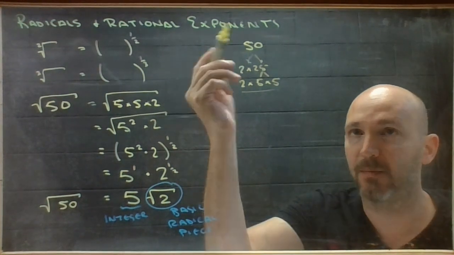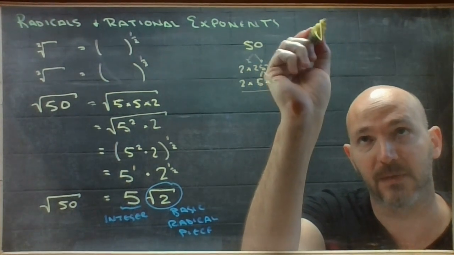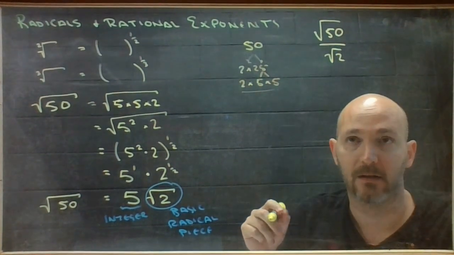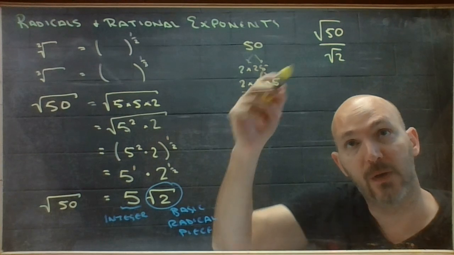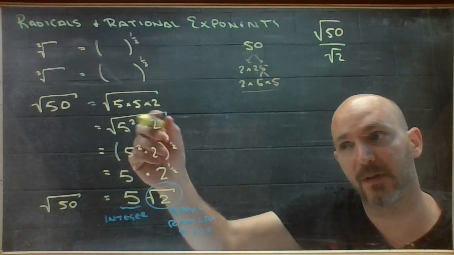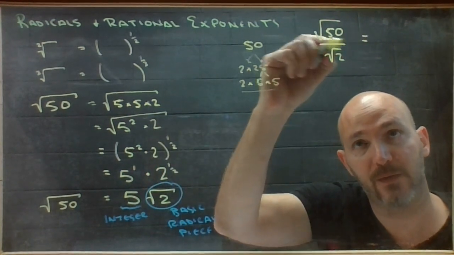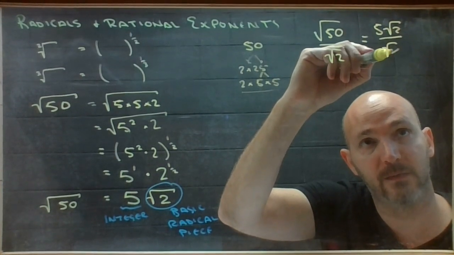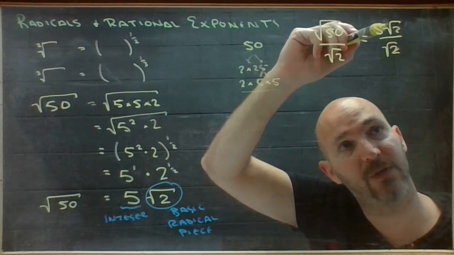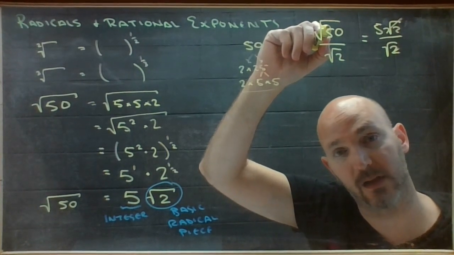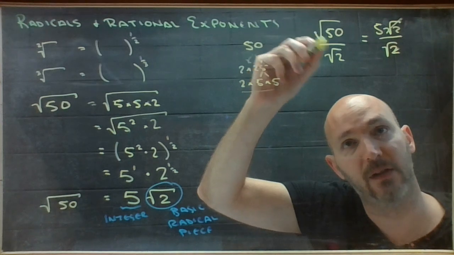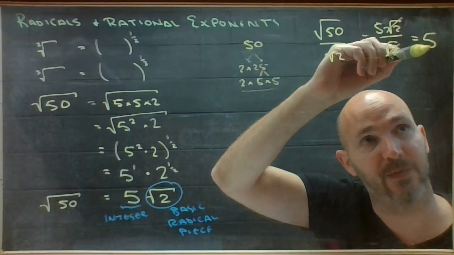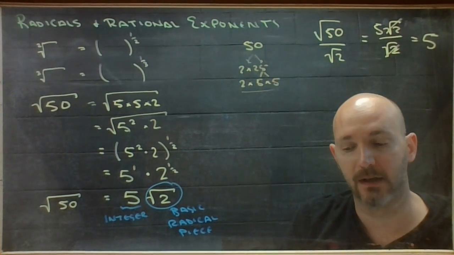So if you end up with something in some expression sometime where you have to do this, and you can look at that number in the top, do this in your head, and say root 50 is the same as 5 root 2, then this root 2 that you extracted from the root 50 will divide out this root 2 in the denominator, and you're left with just 5. It's just a clean number.